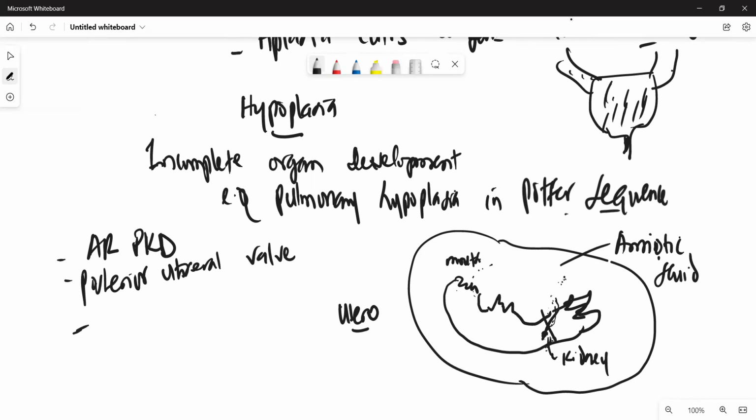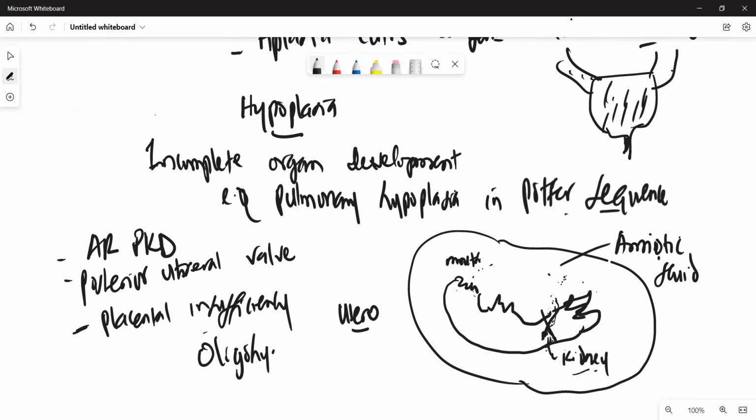It could also be due to placental insufficiency. Any of these prevent the fetus from making urine. If they are making less urine, they develop oligohydramnios. And if oligohydramnios develops, there's less amniotic fluid for the baby to swallow into their lungs.